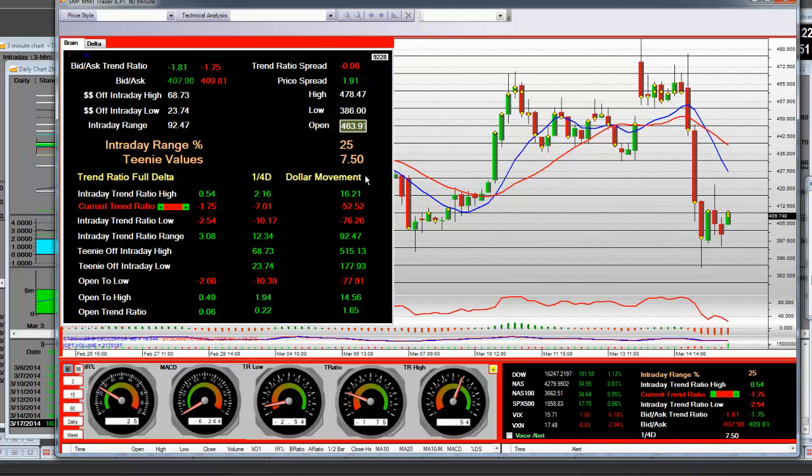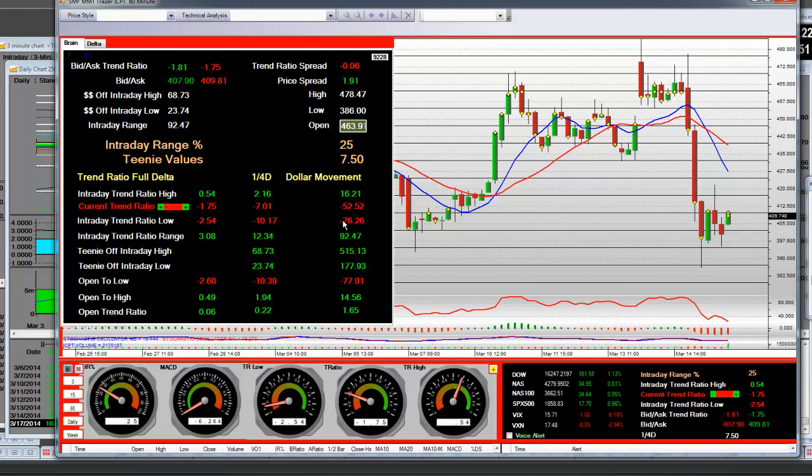Math doesn't lie. Each one of these movements was 7.50, which equaled a 1/4 dollar movement delta. And basically, you can see the current trend ratio is minus 52.50 off of that high. And the total intraday trend ratio low, minus 2.54, is 2.5 deltas at 1/4 delta movement.